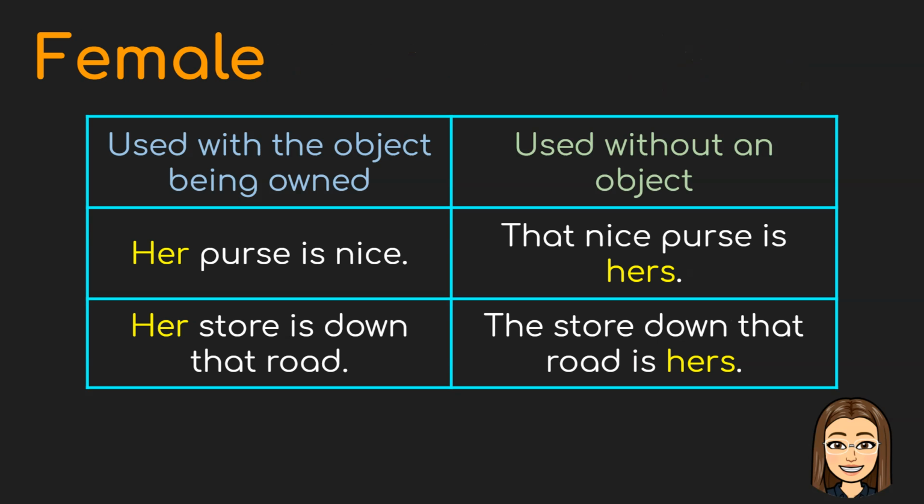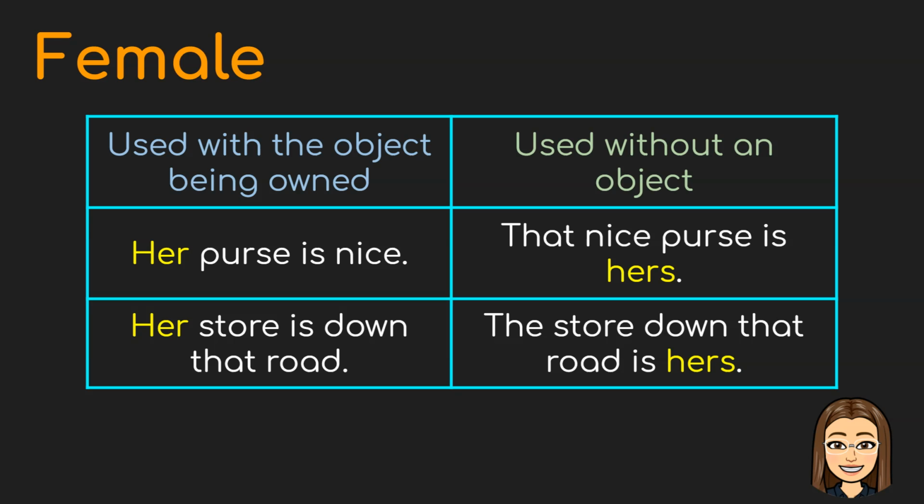Next, the possessive pronouns for female are her or hers. We will use her without an S if there is an object being owned. For example, her purse is nice. And her store is down that road.